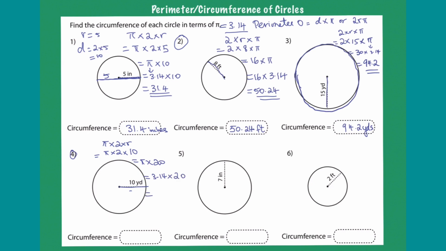So all you have to do is 20 times 3.14 and your answer will be 62.8. And so the circumference here is 62.8 yards. Now I'm going to give you 15 seconds to do number 5 by yourself. Let's see if you can do it.